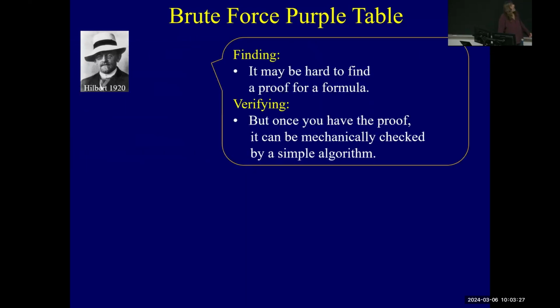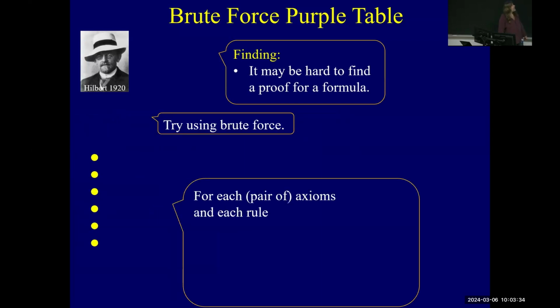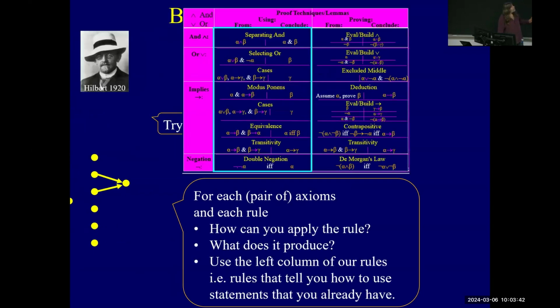All right, so we've seen these slides before. It can be hard to find a proof, even though it's easy to check. And we talked about having axioms, things that you've assumed on one side, and we brute force forward from that, right?